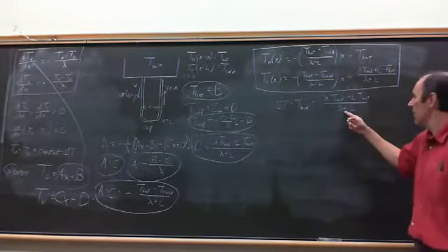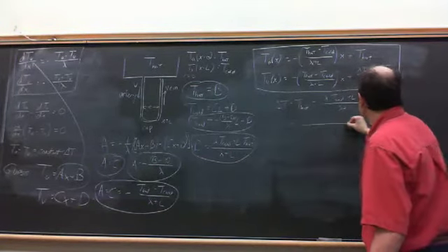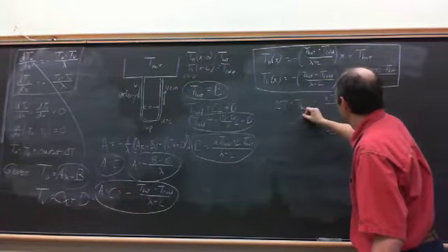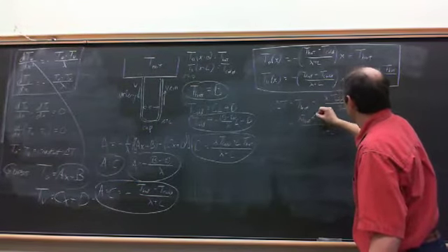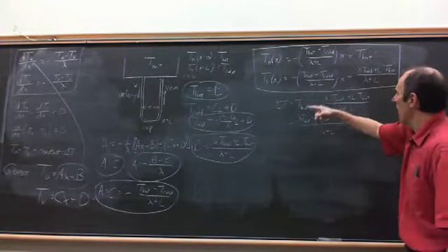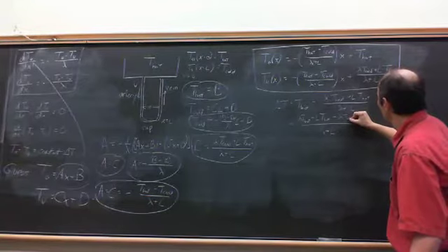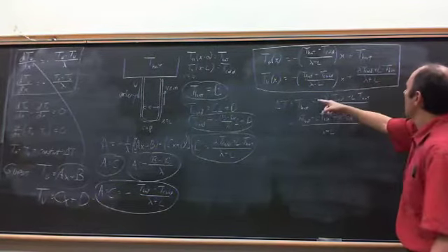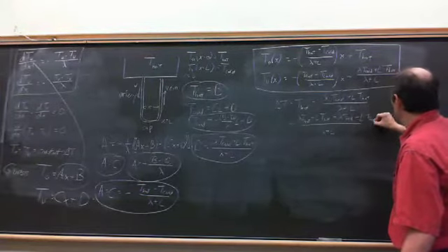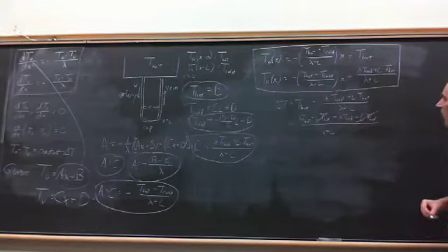So you're going to have the whole thing over lambda plus L, which means you get lambda T hot plus L T hot, because you had to multiply top and bottom by lambda plus L, minus lambda T cold, and then this minus sign carries through, minus L T hot, and again, these cancel.